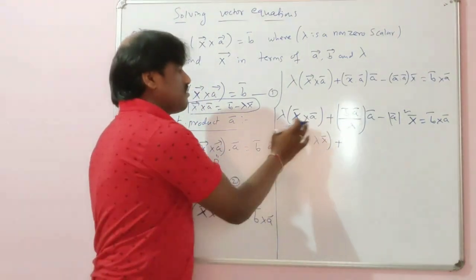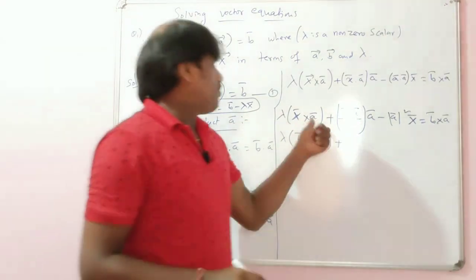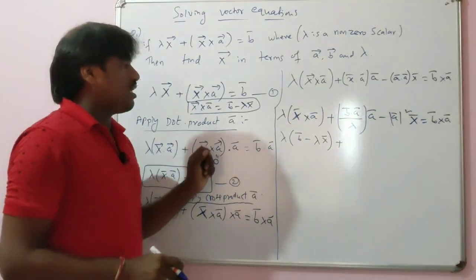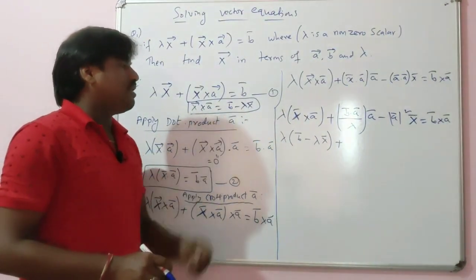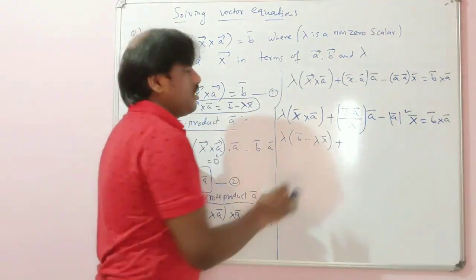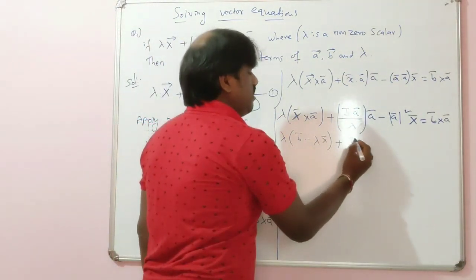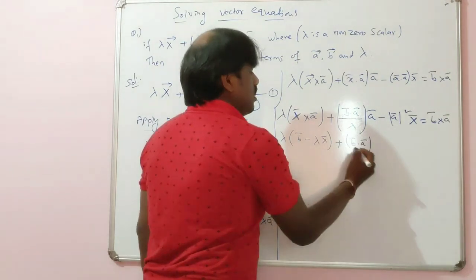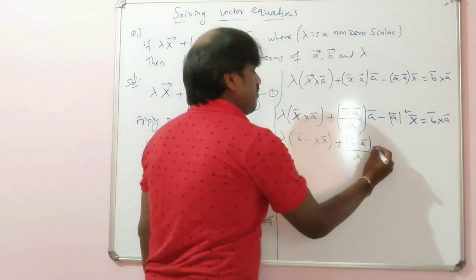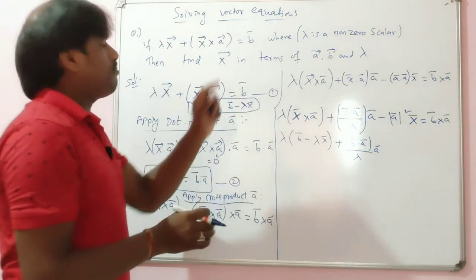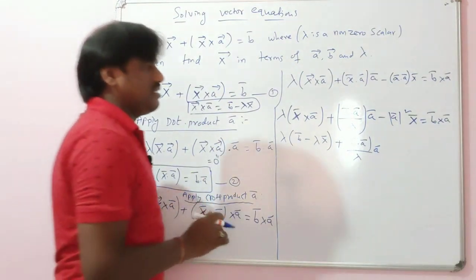So in cross we cannot separate x. So what I have done here, x cross A, I have made this one as B minus lambda times x vector. So here this value will be B vector dot A vector divided by lambda into A vector, because we don't know about A vector, B vector, D vector, so you have to keep same as it is.